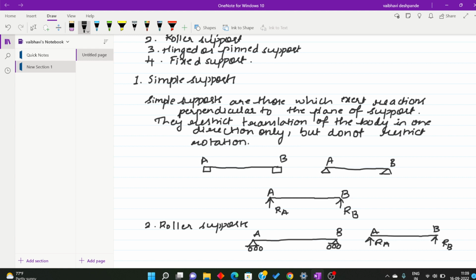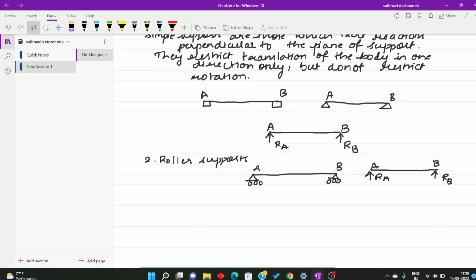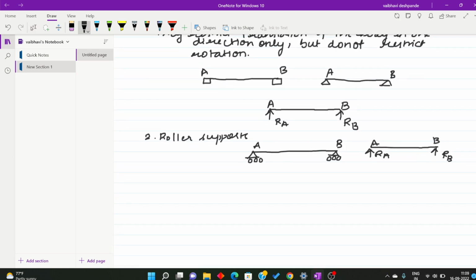Then what are hinged or pinned supports? Hinged or pinned supports are those which exert reaction in any direction, but for our convenience we resolve the reactions into two components. Hinged supports restrict translation in both directions, but rotation is possible. It is represented like this.